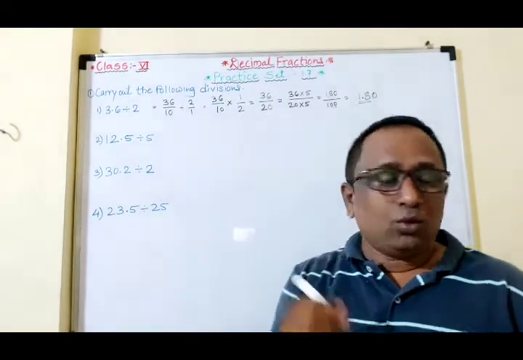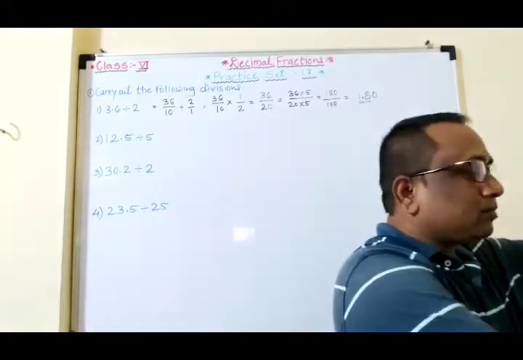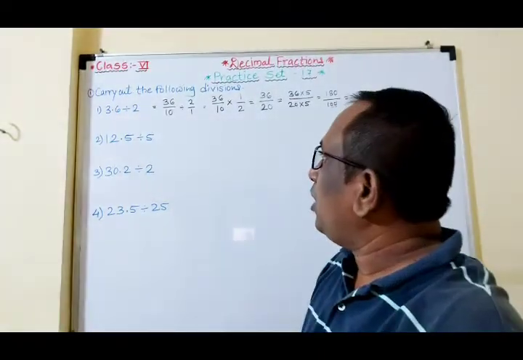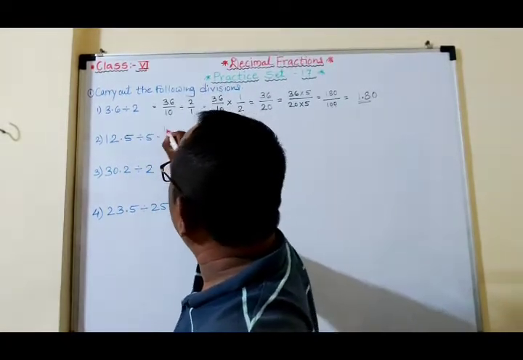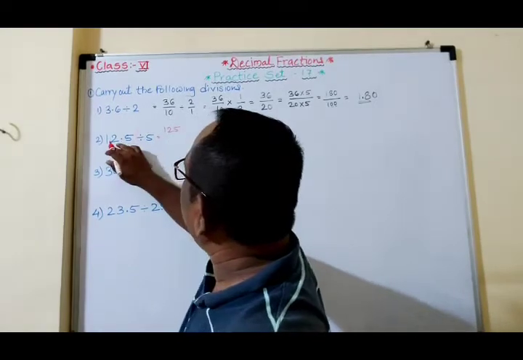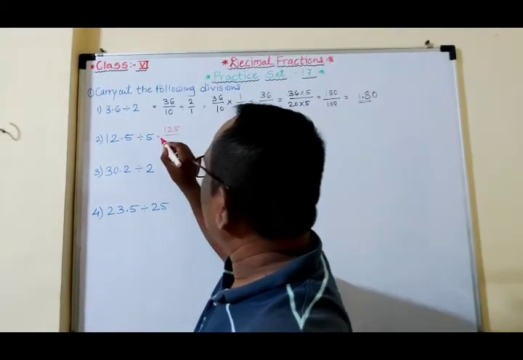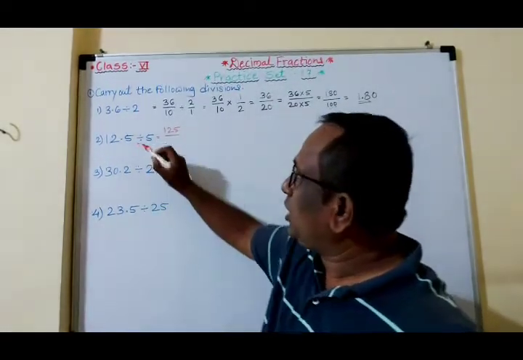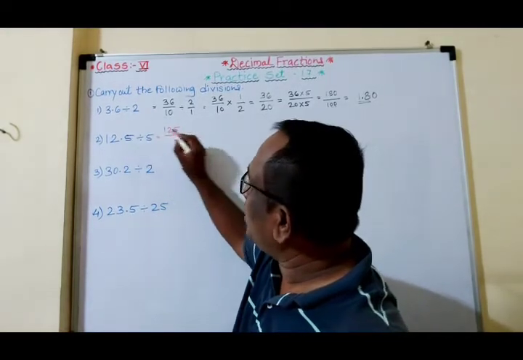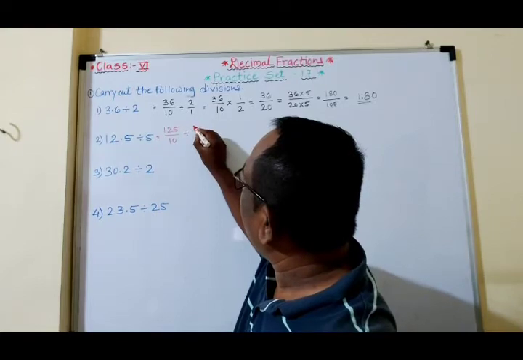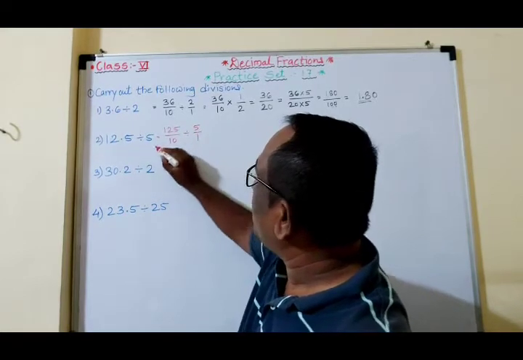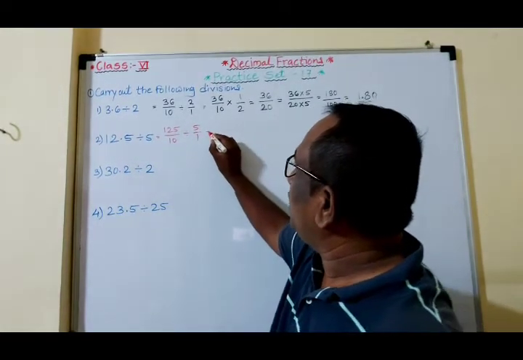Okay. Now we'll move to the second example. Okay. Same way we have to solve. First, what I told you, just write the fraction and this decimal fraction we have to write in fraction. So here after decimal point only one digit. So denominator is 10, divided by second fraction 5 upon 1. Okay. Always there is denominator 1. Then what we have to do?